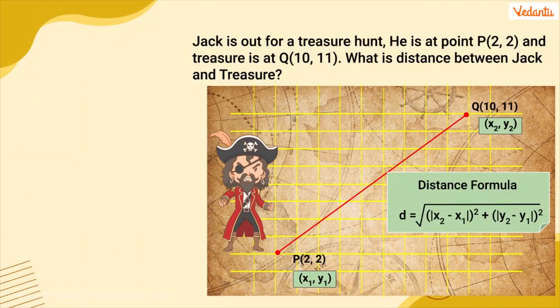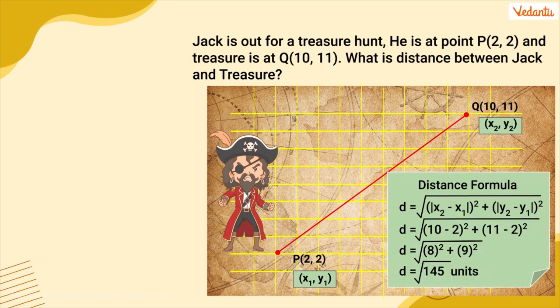Now champ, let's get back to the initial problem where Jack is waiting for us. Jack wanted to find the distance between him and the treasure. We know the coordinates of Jack, we know the coordinates of the treasure, and we know the distance formula also.